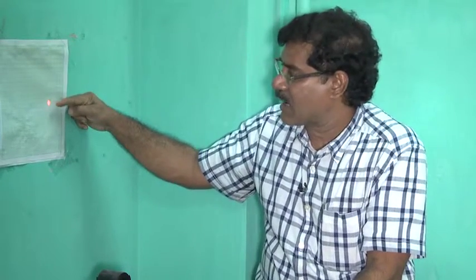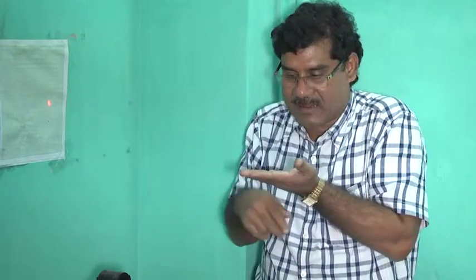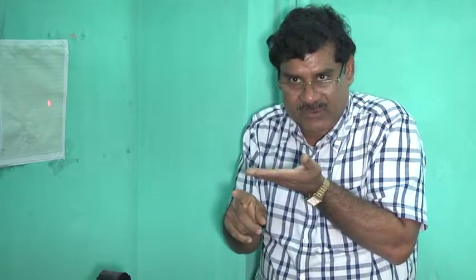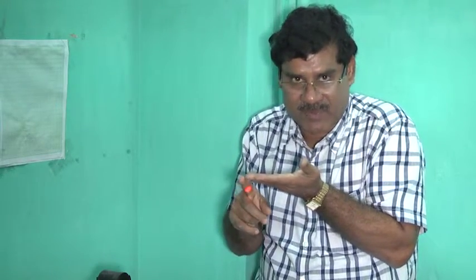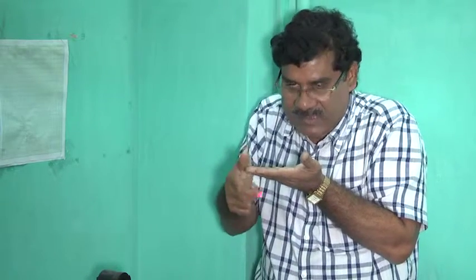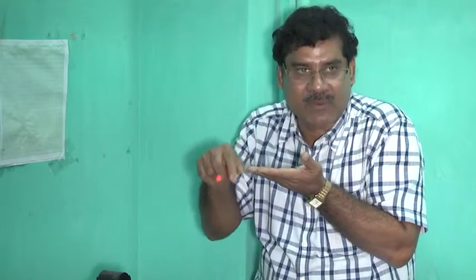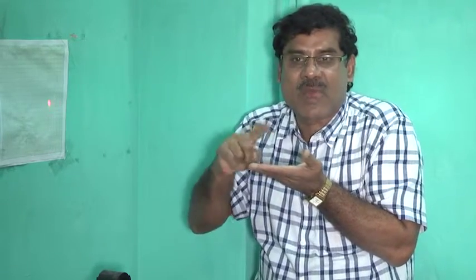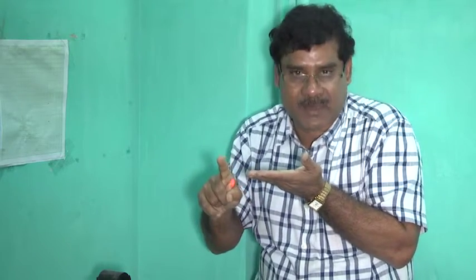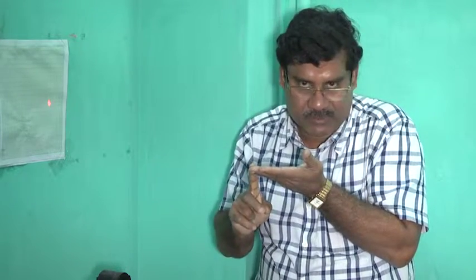When it comes to the original position, these two forces will be equal. One force is this Lorentz force F, and that F will be equal to the gravitational force mg. So, F will be equal to mg.